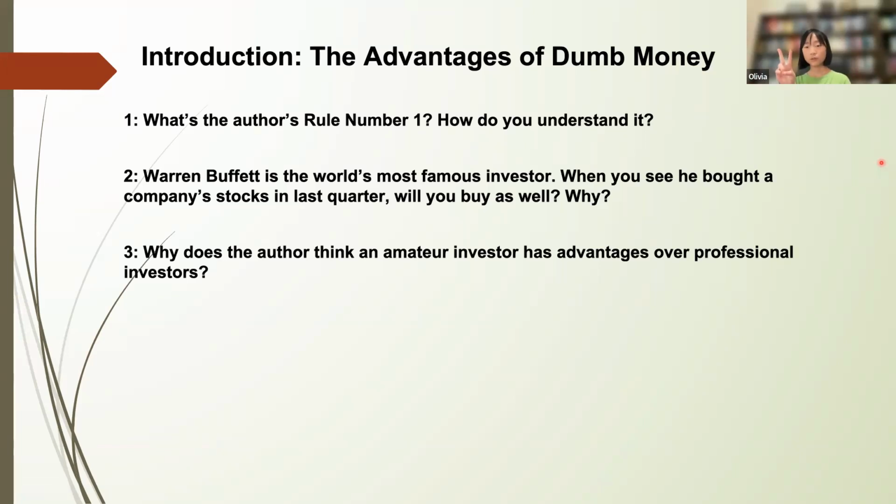Number 2, sometimes people look at what these legendary investors are buying, because those legendary investors have to share what they're buying 40 days after they bought something. So some people look at what those investors are buying, and then they're like, oh wow, Warren Buffett bought some shares of Capital One, I'm gonna buy it.